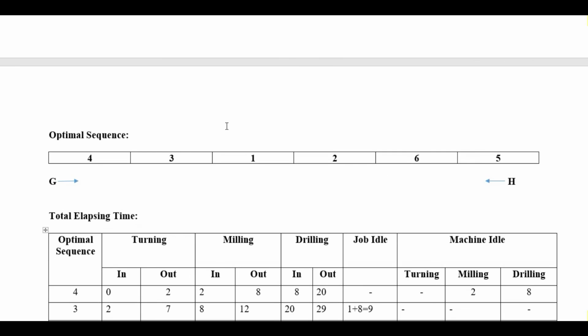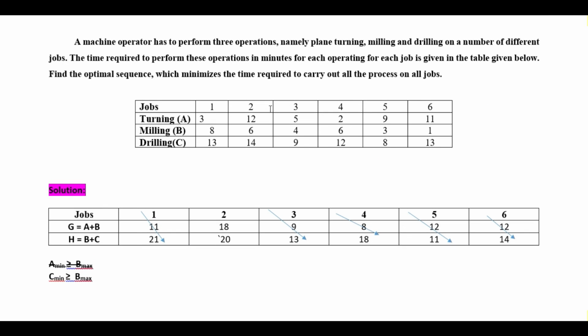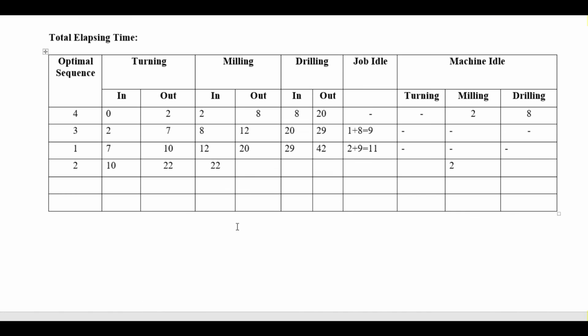So the milling operation of the second job takes 6 minutes, so totally 28 minutes. The second job will come out from the milling machine after 28 minutes. Here the drilling operation is going on up to 42 minutes, but the second job is ready for the drilling operation, so the job can be loaded only after 14 minutes.